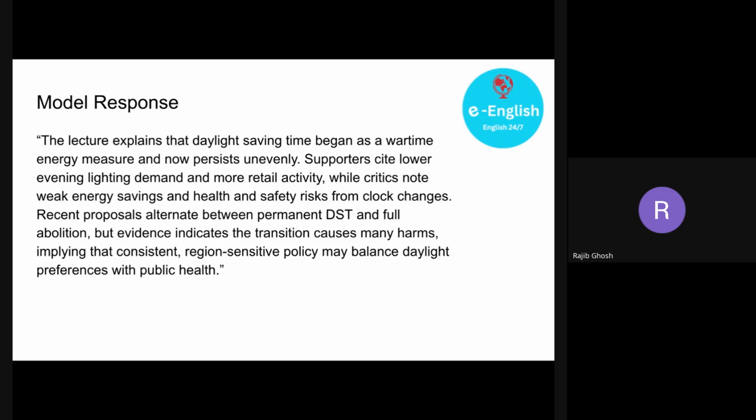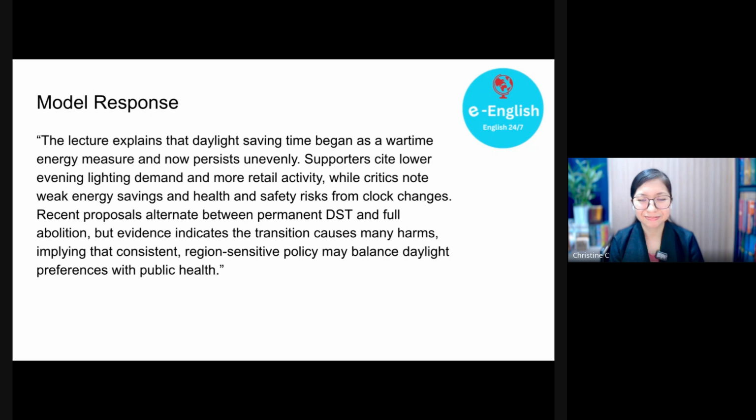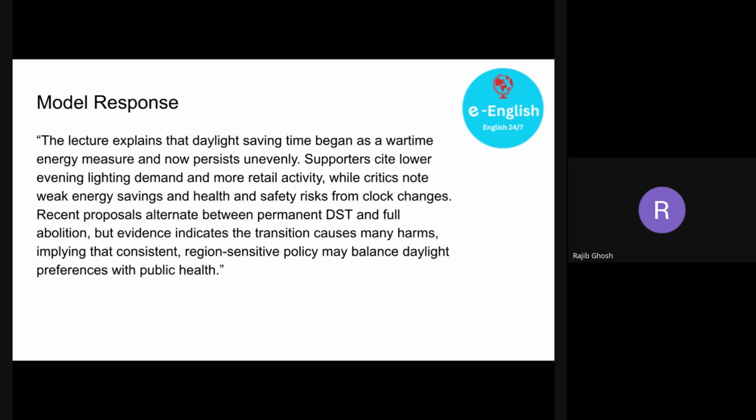The lecture explains that daylight saving time began as a wartime energy measure and now persists unevenly. Supporters cite lower evening lighting demand and more retail activity, while critics note weak energy savings and health and safety risks from clock changes.